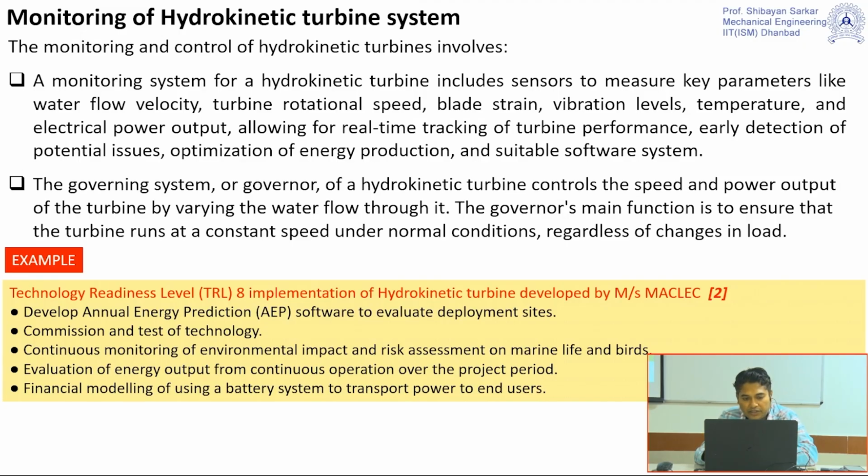it is an implementation level. You can search for TRL on the internet also. You will get from 1, 2, 3, 4, 5, 6, 7, 8 different stages of technology. The technology is first conceptualized, then you do the calculation, then you plan, design the model, simulate, and then go for laboratory experiment.